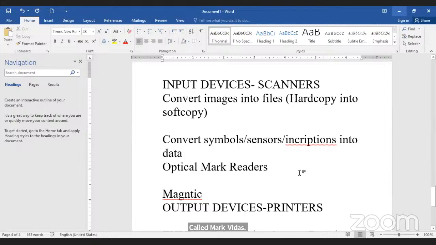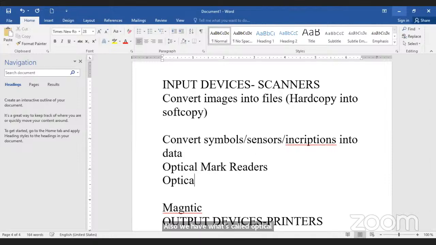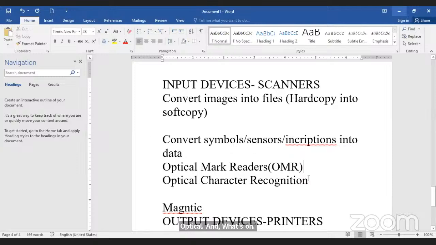Also, we have what's called optical character recognition. So in the exam they will ask you what is OMR, or they will ask you what is OCR. These are types of scanners that you can use to scan a particular document and interpret the details on that document.